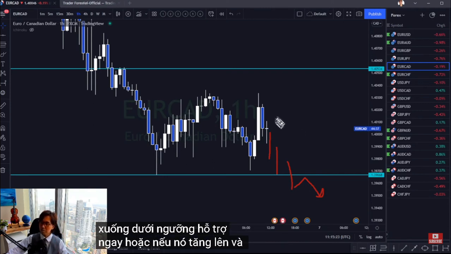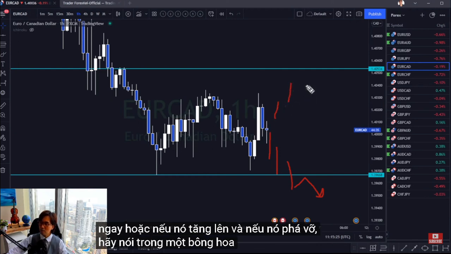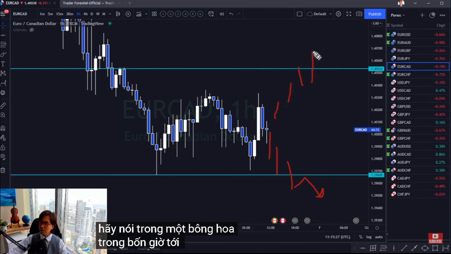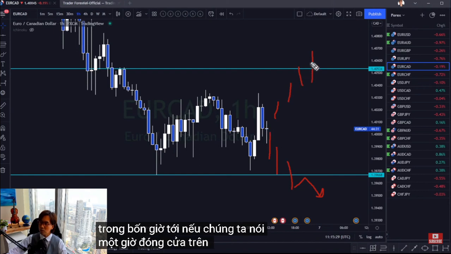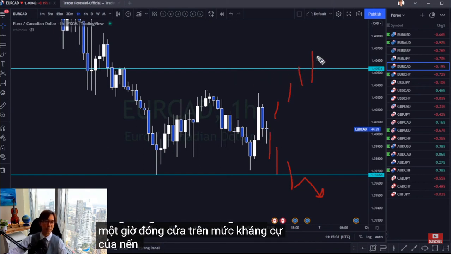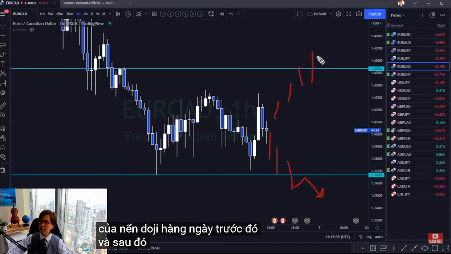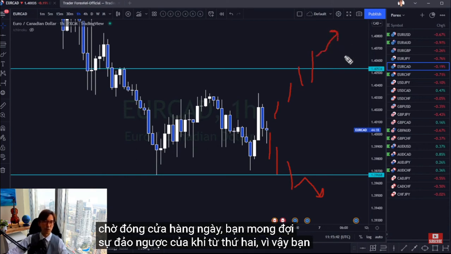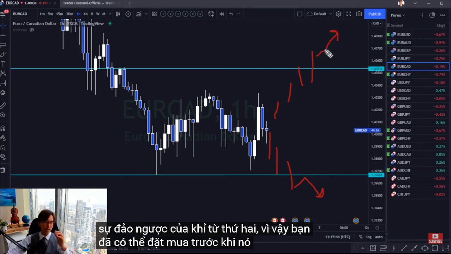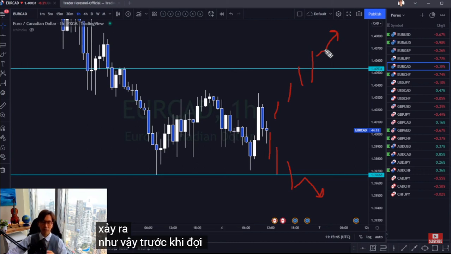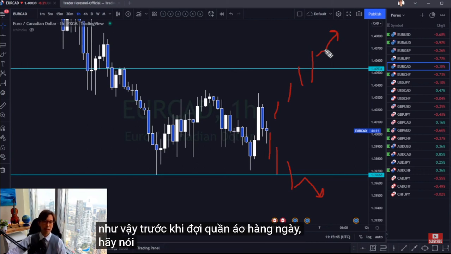Or if it goes up and breaks, let's say in the next 4 hours, if the 1 hour closes above the resistance of the daily previous doji candle, then before waiting for the daily close, you expect the market to reverse from Monday. So you can already place a buy before it happens, like this, before waiting for the daily close, let's say.